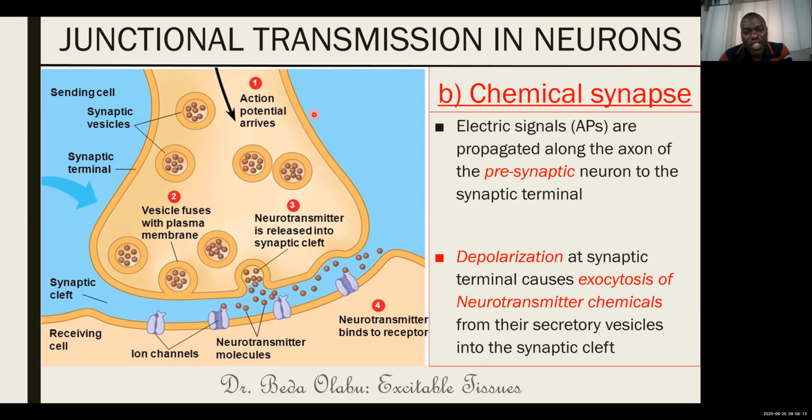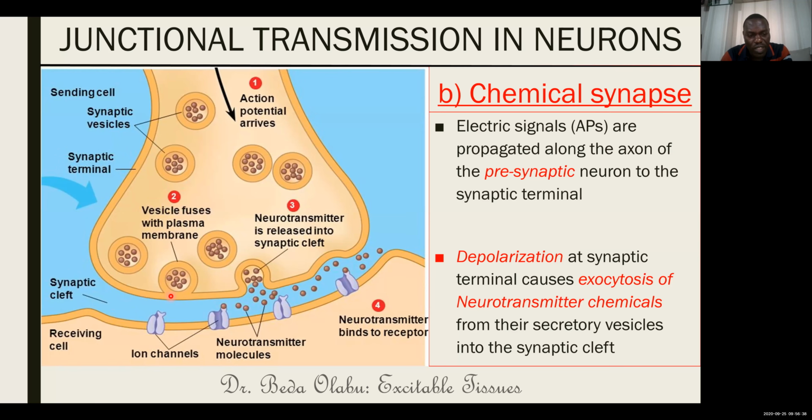The depolarization at the end of the axon causes the synaptic vesicles to go fuse with the cell membrane, and that is what we call docking. It will make the synaptic vesicles dock.